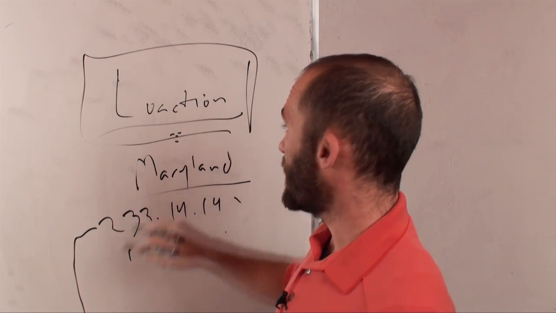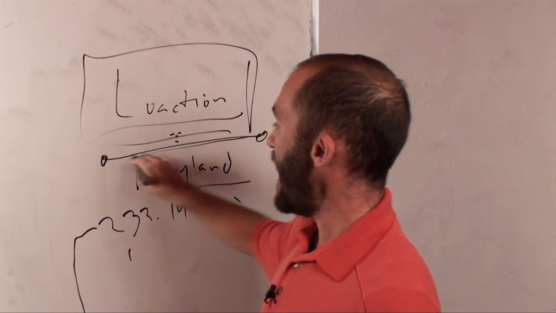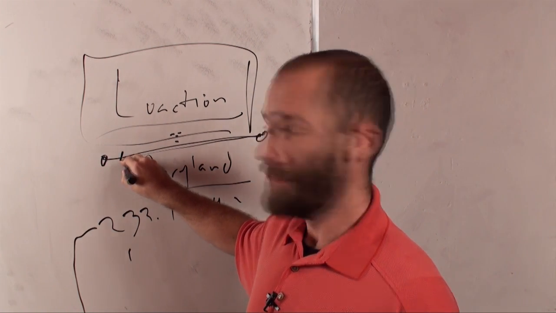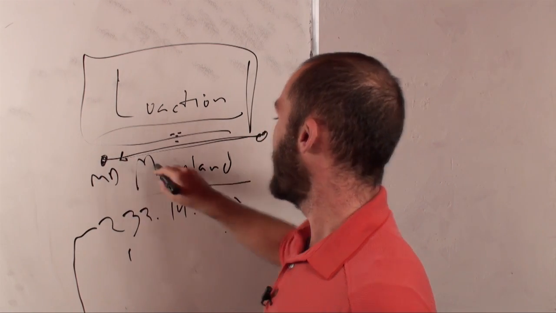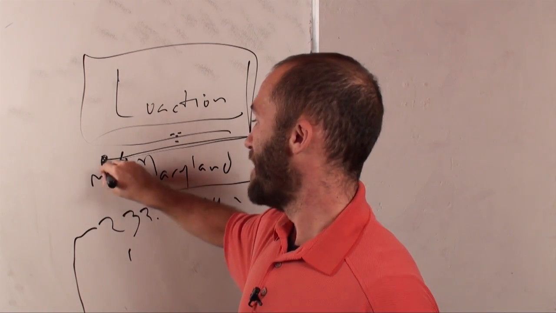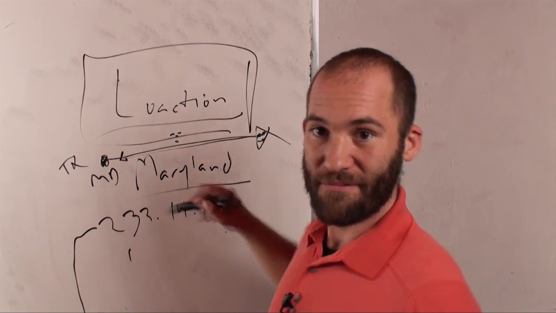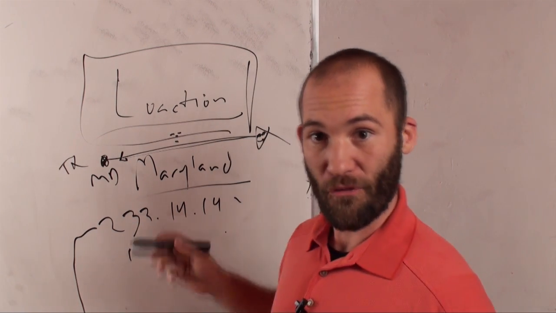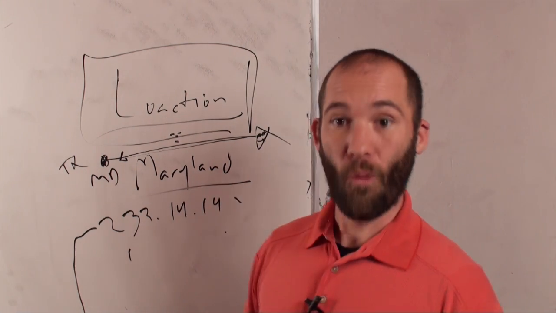What happens is when the computer connects the server is going to say, hey, where are you? The computer is then going to say where it's at. So if it says Maryland, then the server will say, oh, okay, here's the web application. If the computer says Texas, the server will say, session cannot be completed. You're in the wrong location. So this is a way that you can secure your web applications.